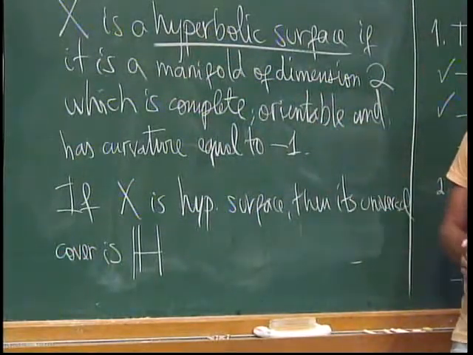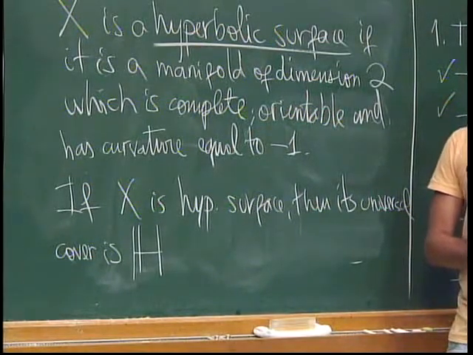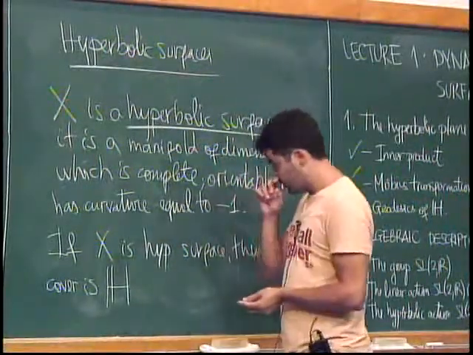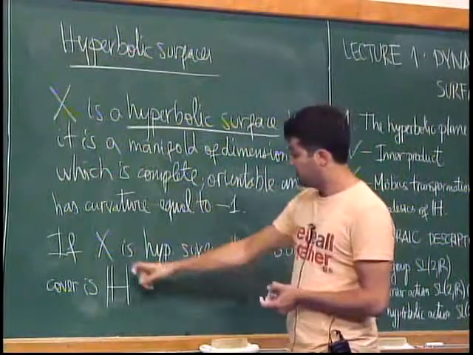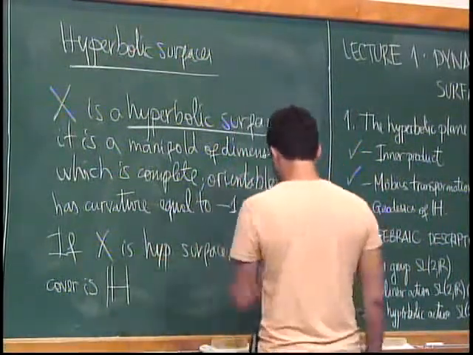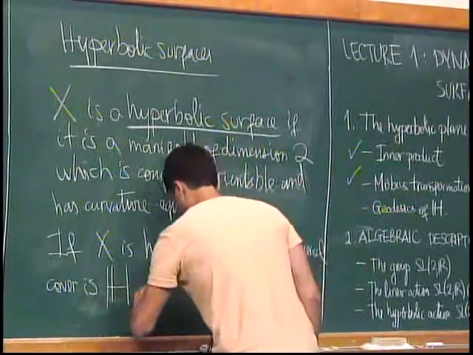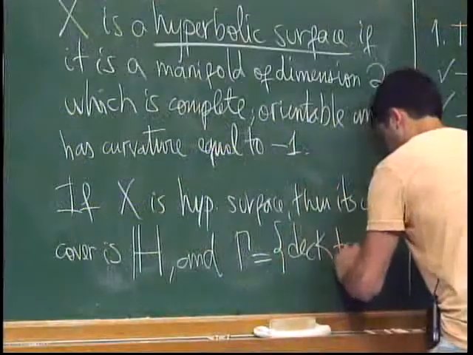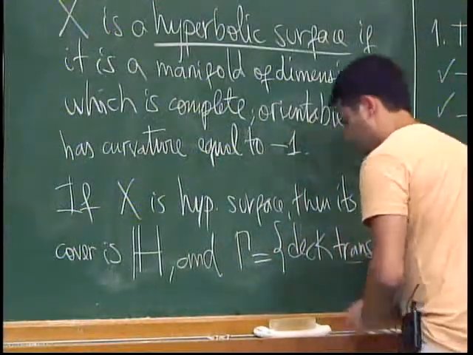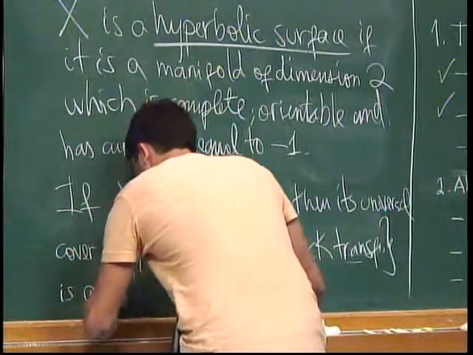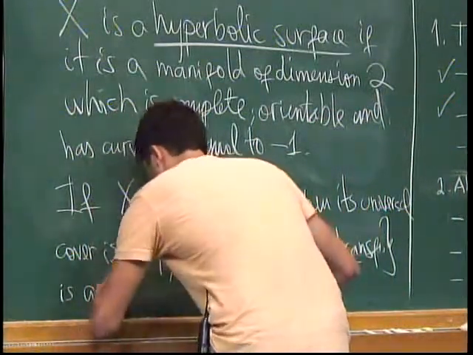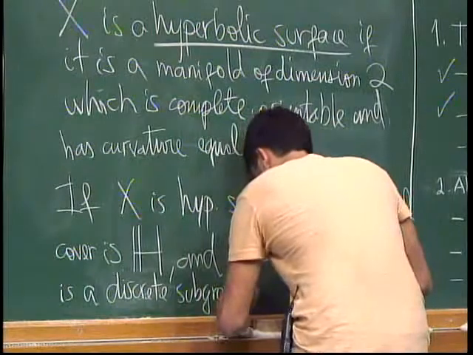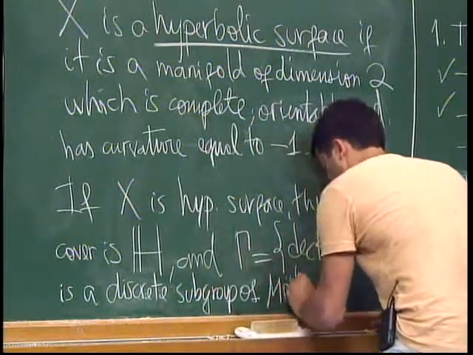So you have a subgroup of the Möbius transformations. Once you have the deck transformations, you can consider the quotient to get back your space. So gamma, equal to the deck transformations, is a discrete subgroup of the set of Möbius transformations.